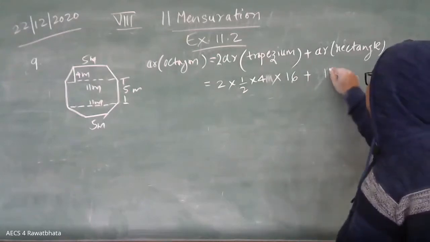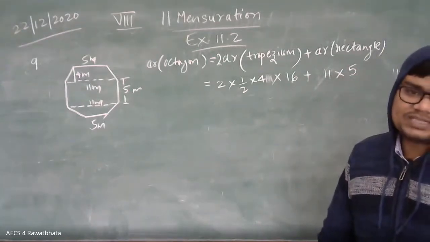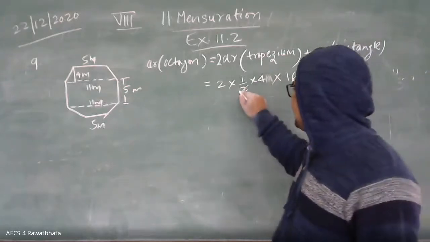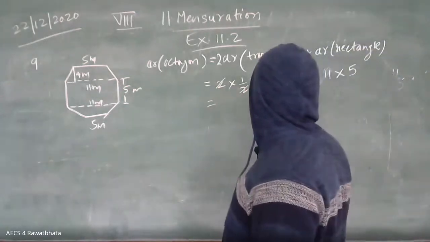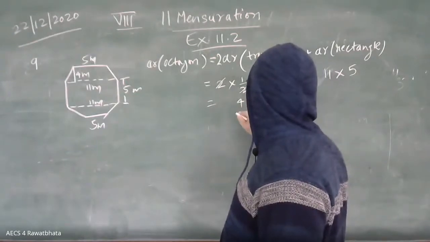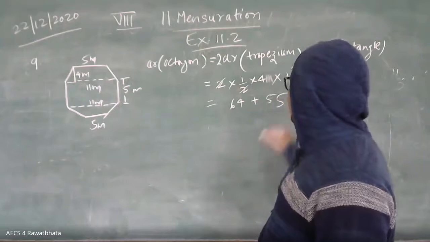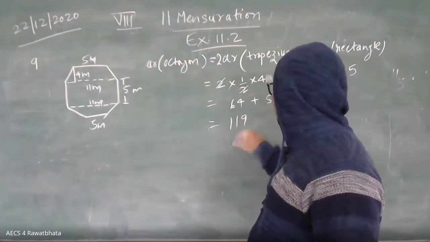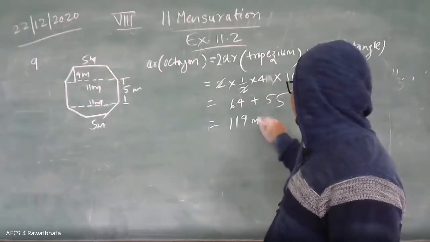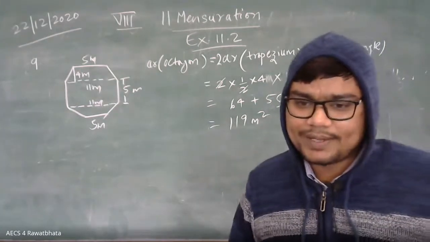Length is 11 and breadth is 5. So this 2 gets cancelled. So area is 4 into 16, 64, plus 11 into 5, 55, which is equal to 109 meter square.